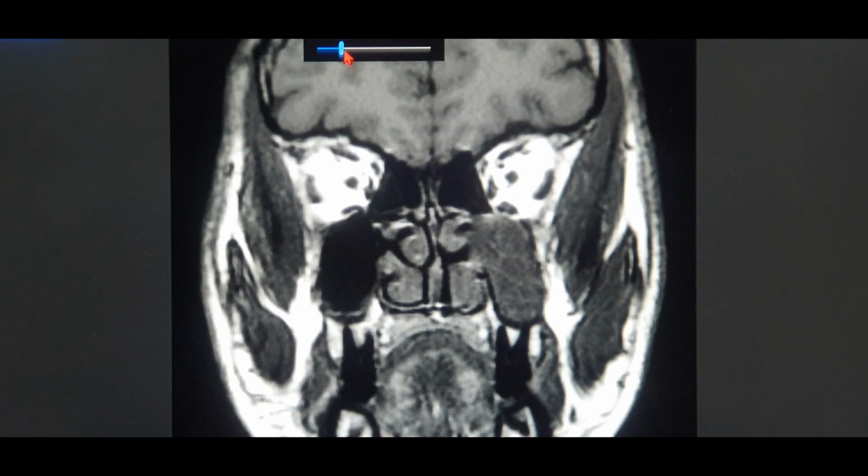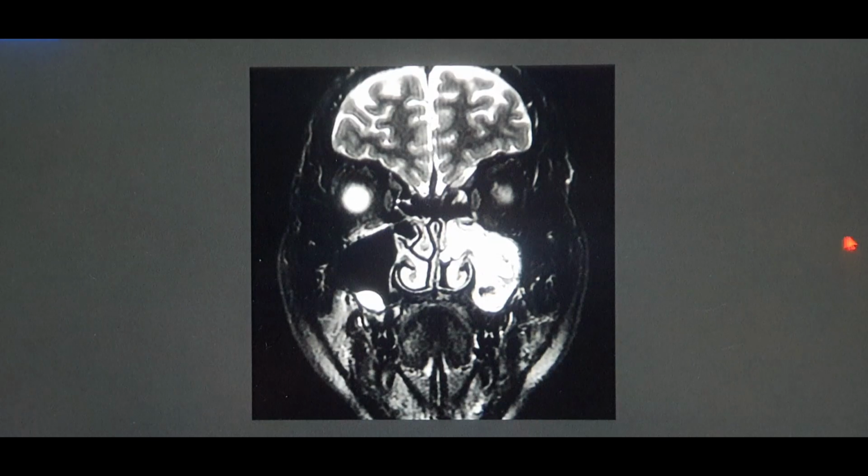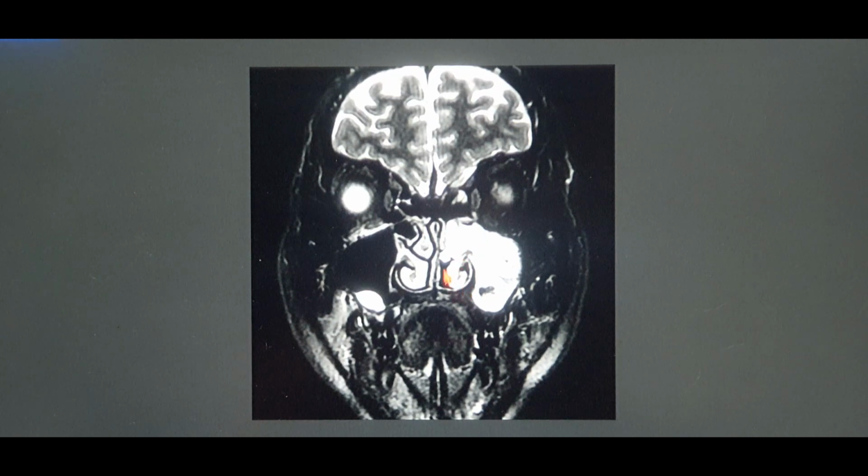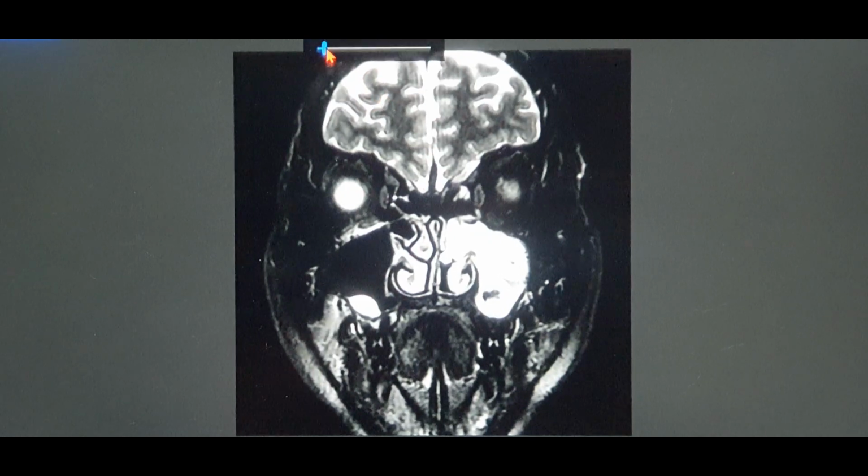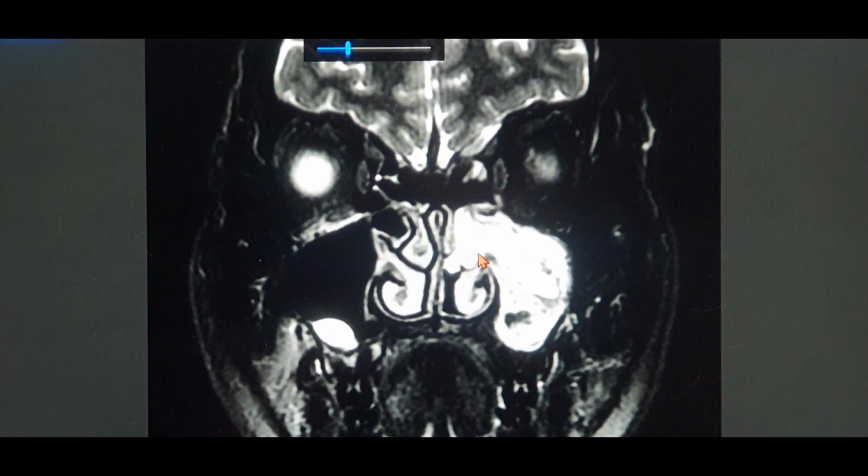And if I show you a T2 scan of this patient, this is a T2 scan. You can see the vitreous humor hyperintense and the CSF bright white. If I zoom this for you, you can see that there is hyperintensity. You cannot call this enhancement because this is not post-contrast.